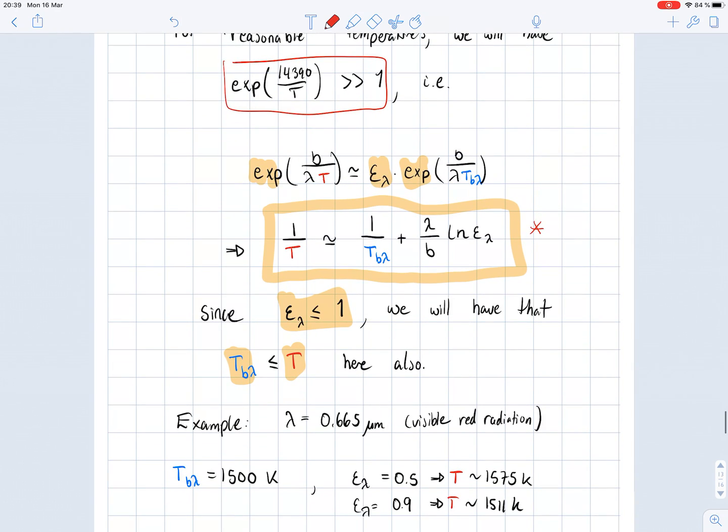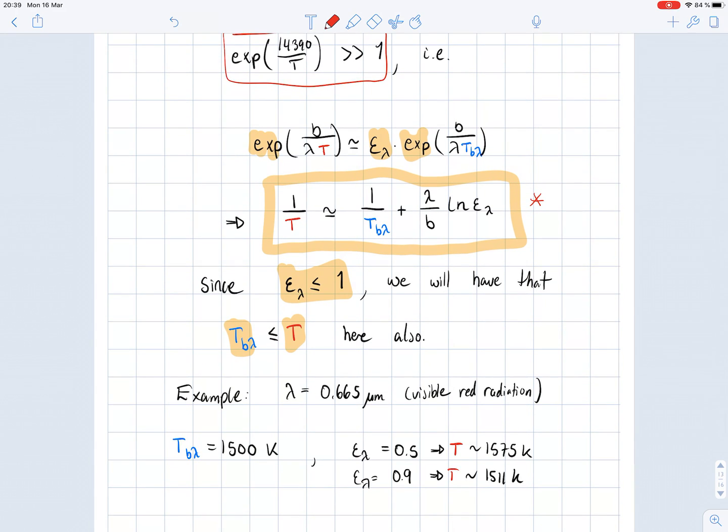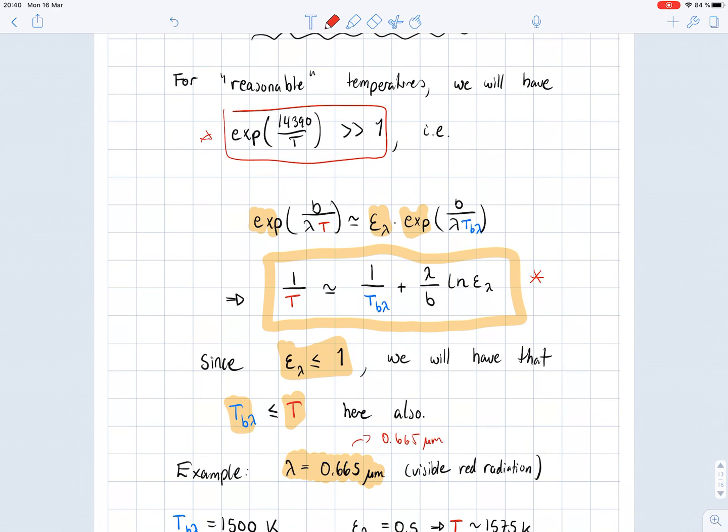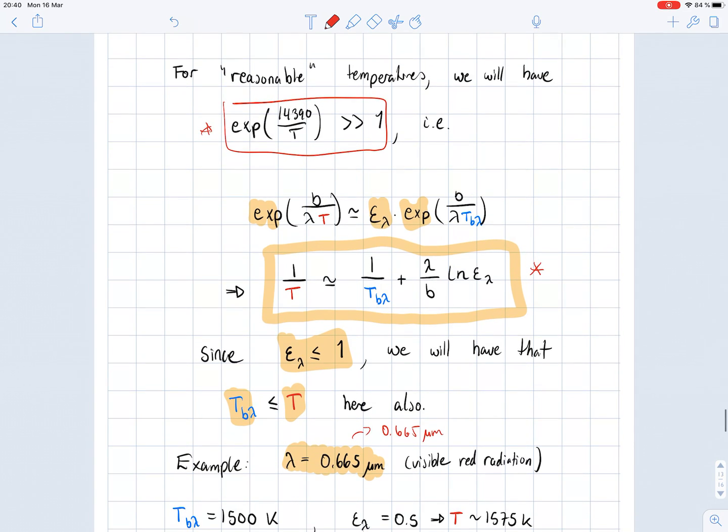So let's do an example again. For this example, we need to specify the wavelength we are looking at. So we do this for visible red light. Note that for visible red light we are at 0.667 micrometer, so the approximation that we did here is even better, because here we assumed 1 micron.